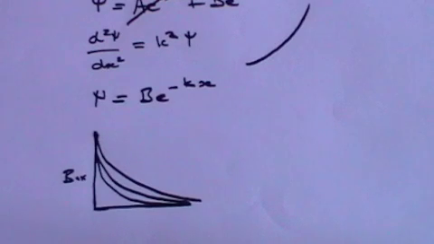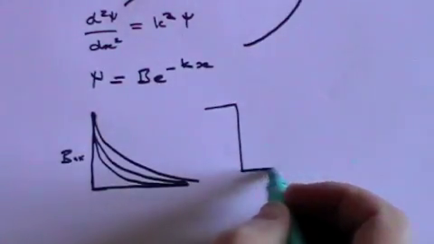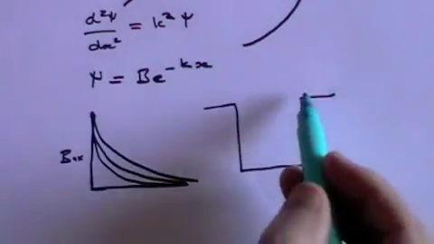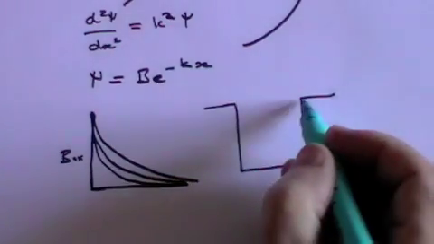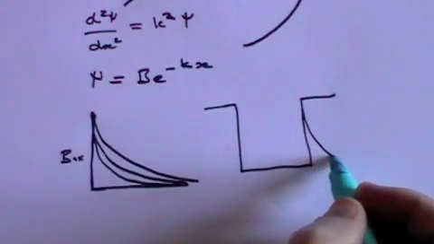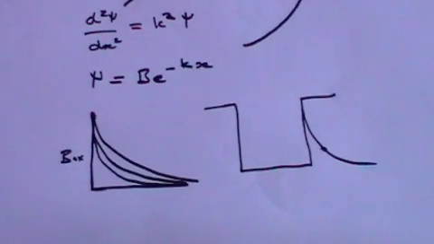But what does that actually tell us about this box? Well, it says that outside the box, if the box is not infinitely deep, the wave function falls off. Which means that at, for example, this point here, the wave function may be small, but it is finite.